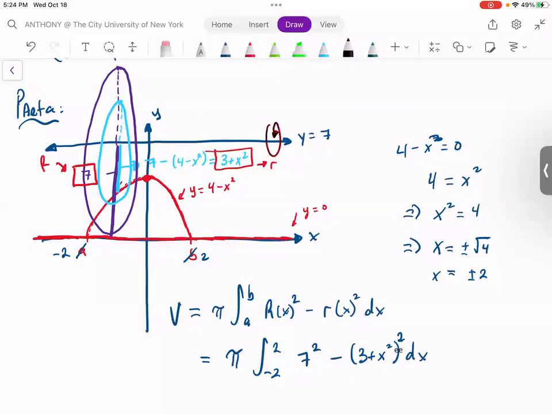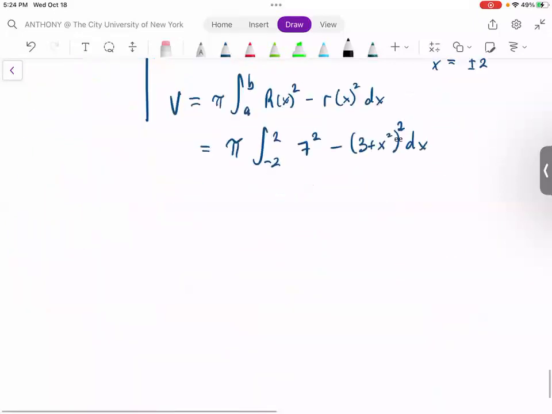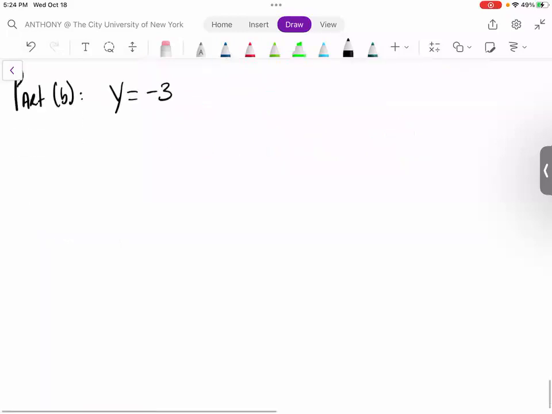All right. So in part B, same thing again, but this time we use the line y equals -3. Here's my graph one more time. I'll try to make it a little bit better to view.